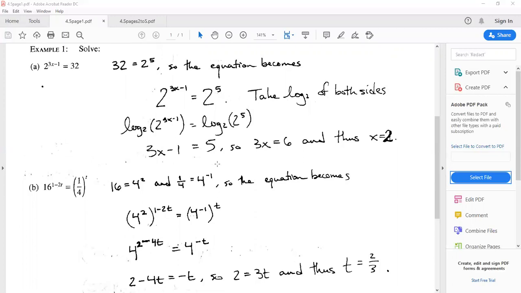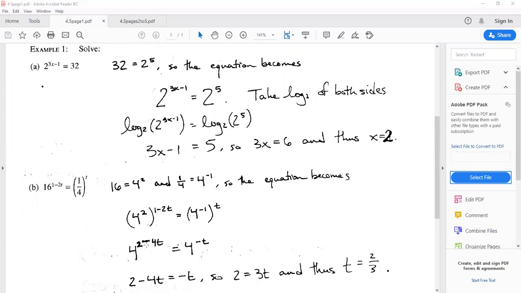So now using the property of exponents, 4 squared all raised to the 1 minus 2t becomes 4 to the 2 minus 4t. You multiply through, so 2 times 1 minus 2 times 2t. And likewise, on the other side, we have 4 to the minus 1 raised to the t. That becomes 4 to the minus t.